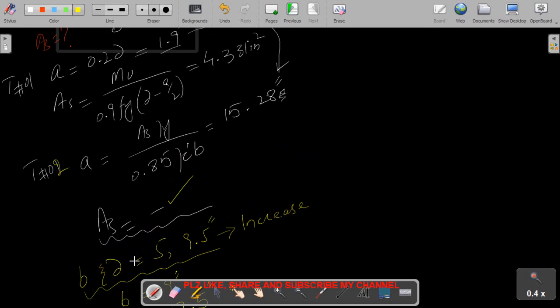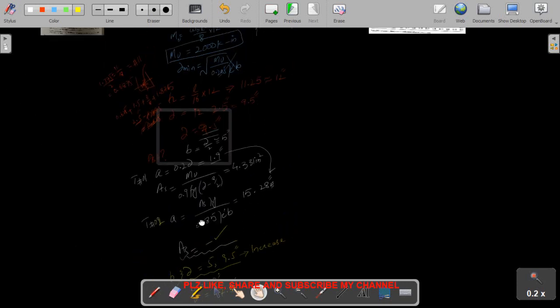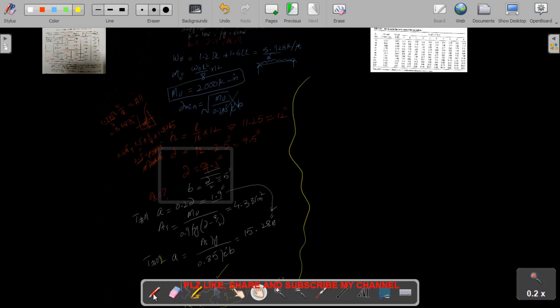So this is one way, but the best way is to find out the exact values of B and D. How can we do it? We can find the minimum value of D by using this equation. Or, as I already discussed in example 01, we can calculate it this way.